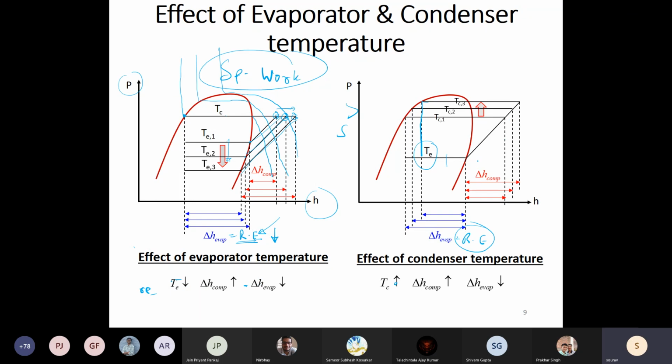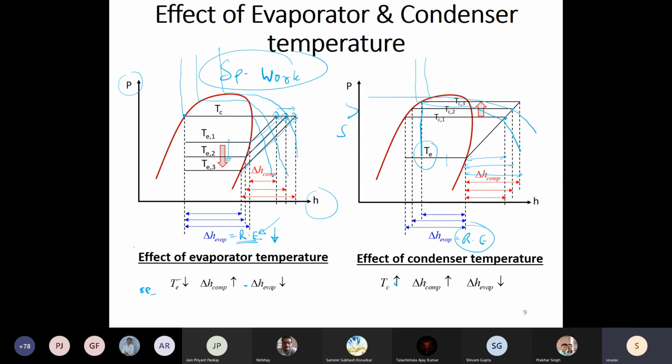So again you see as you increase your condensing temperatures, your delta H, delta H here and delta H here, it keeps on increasing. Okay, and similarly your discharge temperatures are also increasing. So the isotherm passing through this could be this one, the isotherm passing through this could be this one.